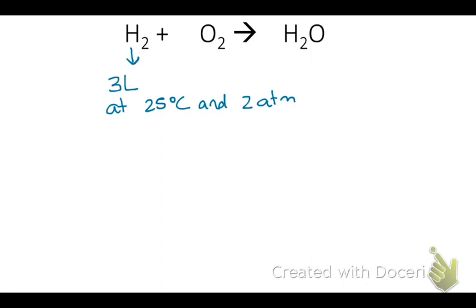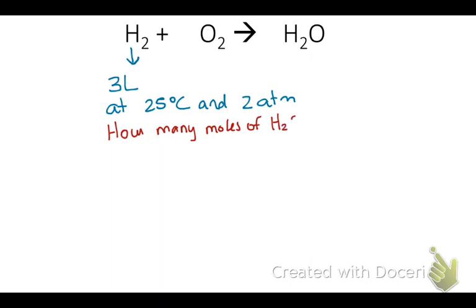For example, from this data, I could ask you: how many moles of hydrogen do we have here? These are not guesses. You need to do the calculations. So please do it.